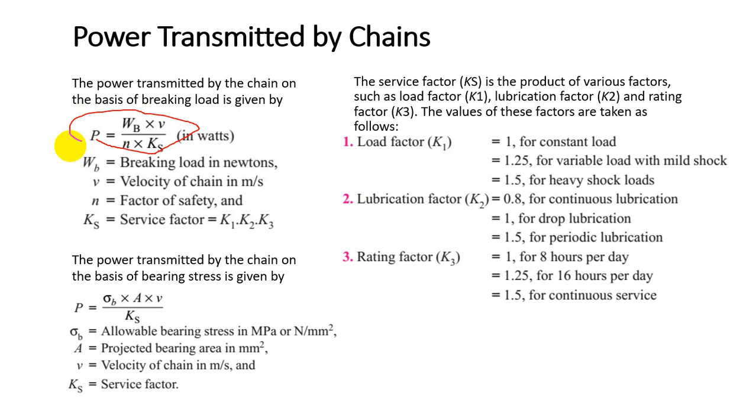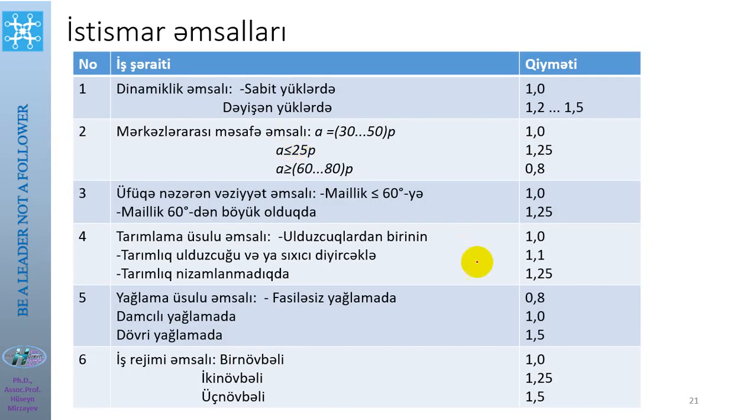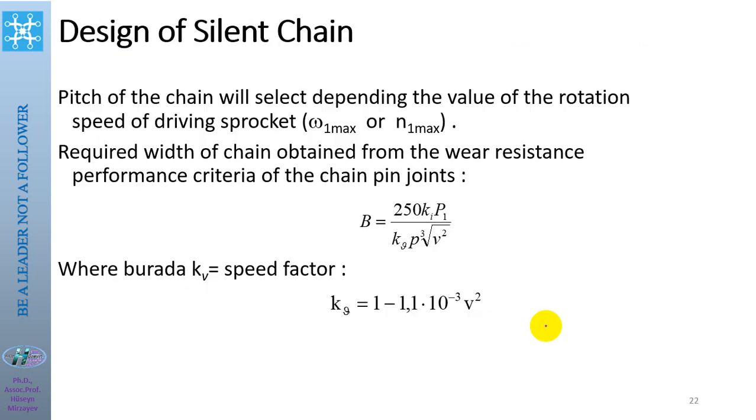In this equation, service factors take into account the different types of loading conditions, center distance conditions, position of the chain mechanism relative to the horizontal, tightening methods, lubrication methods, and working regimes.